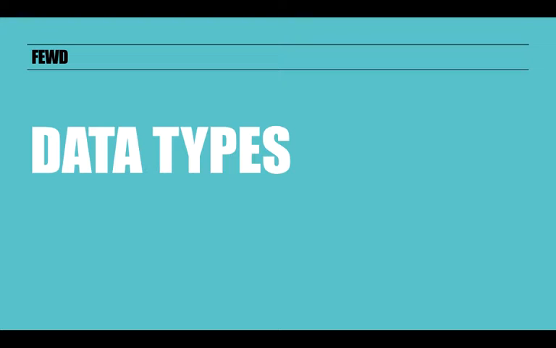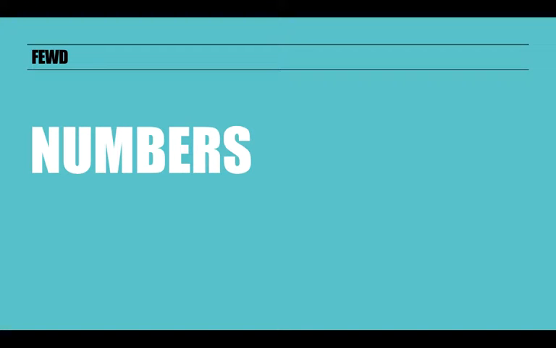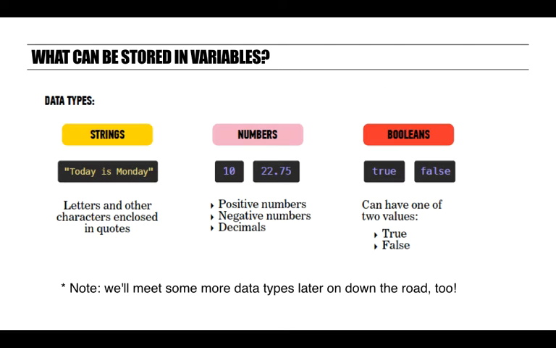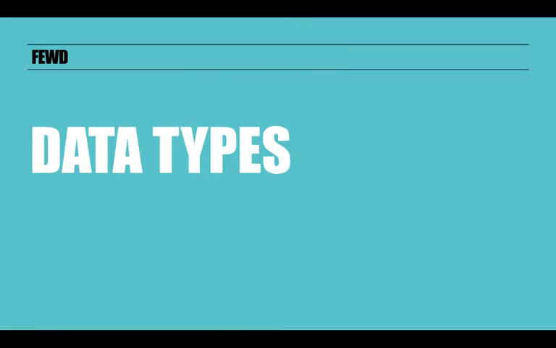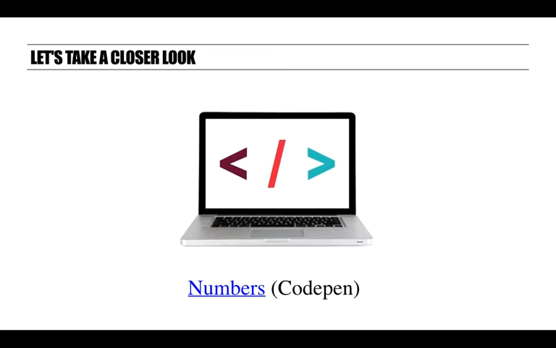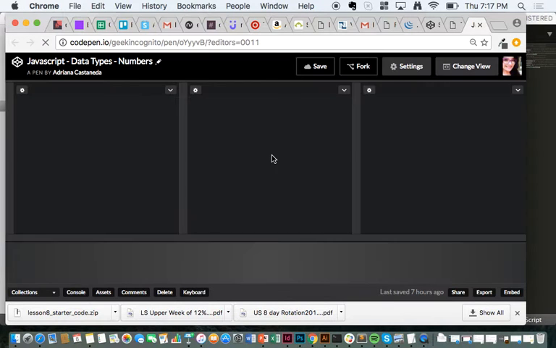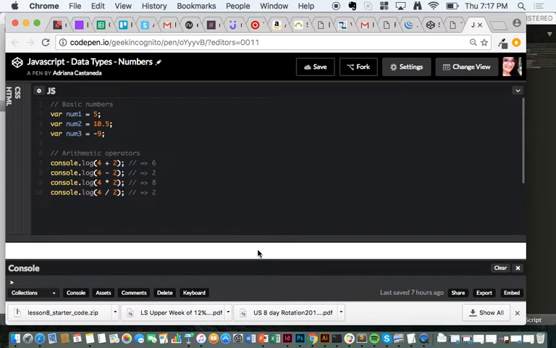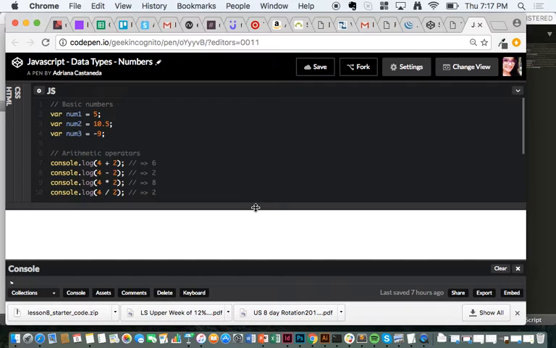Okay, so data types. We're going to learn the different data types one by one. First we are going to start with numbers. Really quick, in JavaScript you can actually do math.